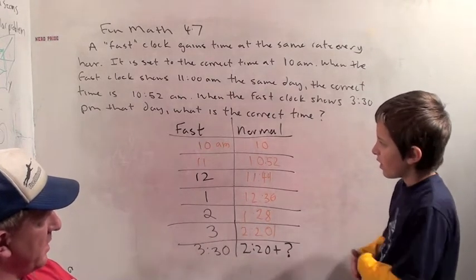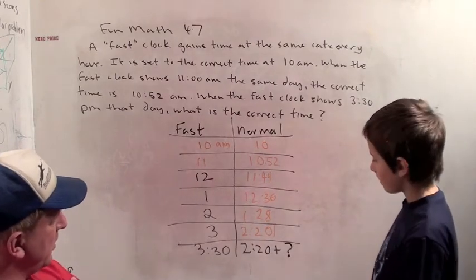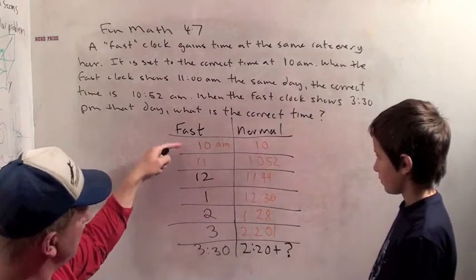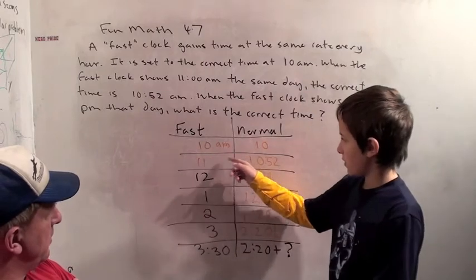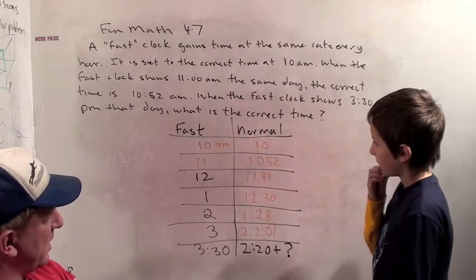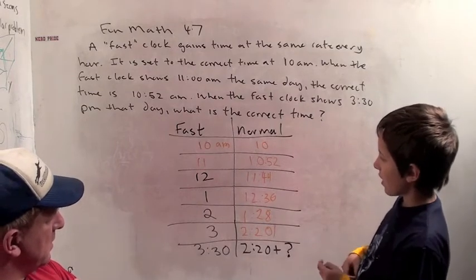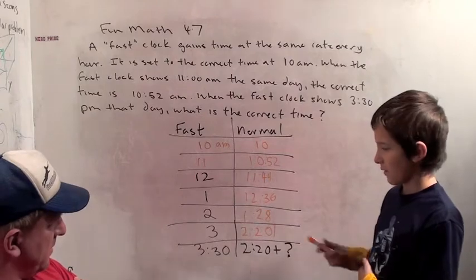So you've got to figure out, go back to the beginning. What do you notice about these first two columns? What's the relationship between these two numbers and these two numbers? What do we know about the fast clock? The fast clock is always a multiple of 8 ahead, except for the last one.